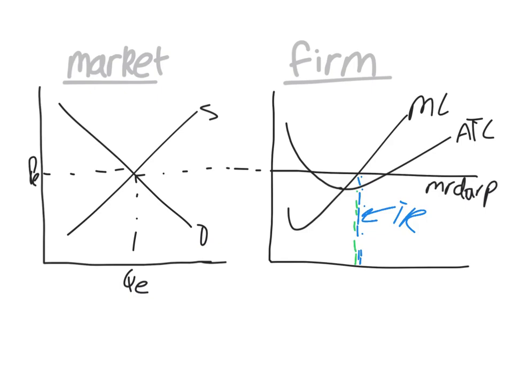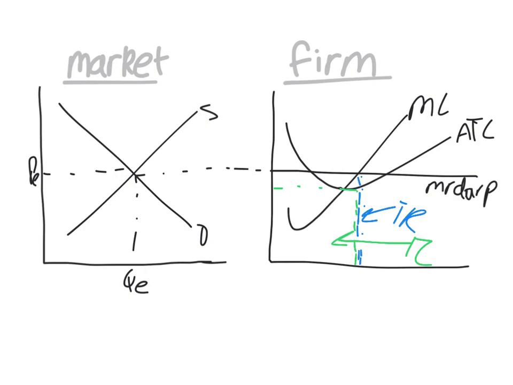We can also get the total cost, which is going to be depicted by the green box. What I did there was simply take the quantity, which is the profit maximizing quantity, and dot up to the average total cost, and then dot to the left to find the total cost, which is the area of that box. Now it's very easy to see that the total revenue box is bigger than the total cost box.